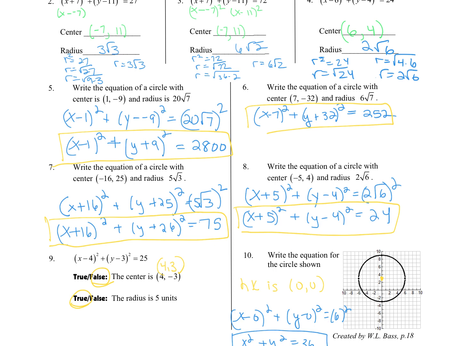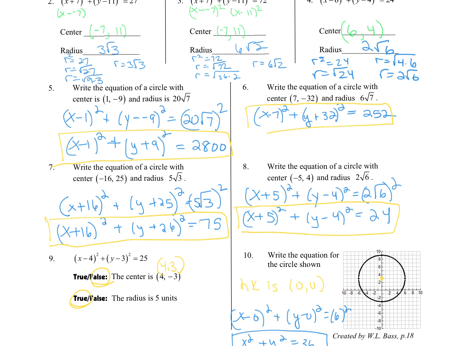And that's going to be equal to 20 times the square root of 7 squared. This then is going to be x minus 1 squared and y plus 9 squared. And then that is going to equal 2,800. That would be 20 times 20 times 7.